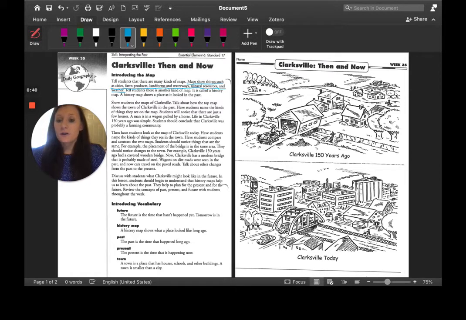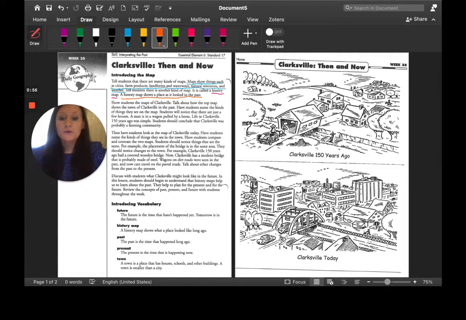There is also another kind of map that we are going to be looking at today, and this is called a history map. A history map shows a place as it looked in the past.